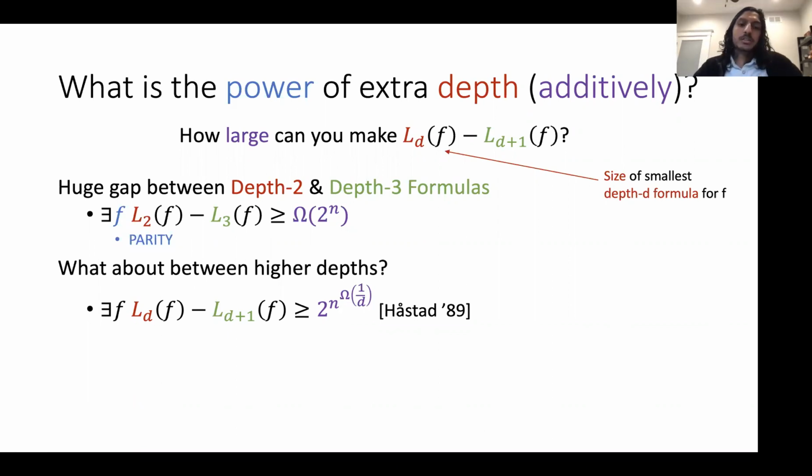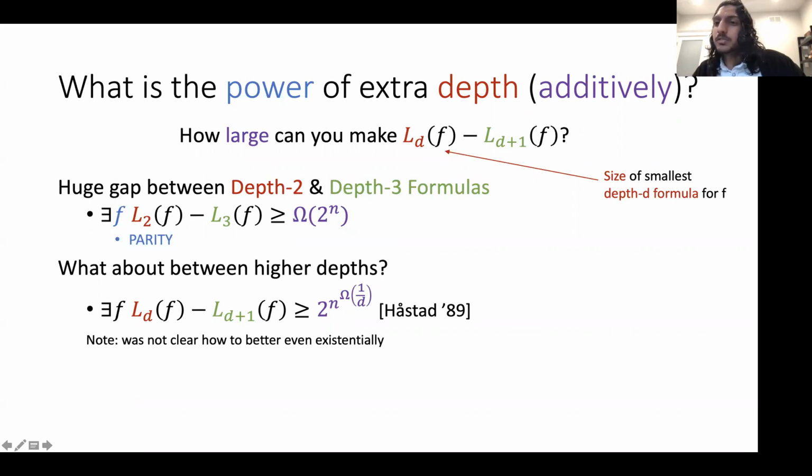So that's pretty cool. You might wonder, okay, can we hope to do better? And you probably expect that the answer is no, because we don't really know any constant depth formula lower bounds that go beyond this regime. And random functions, it's not clear how to use random functions in this either.